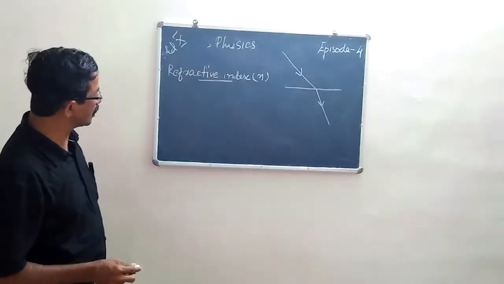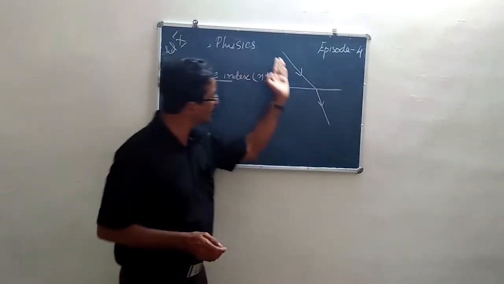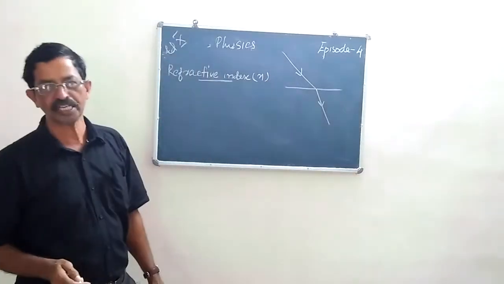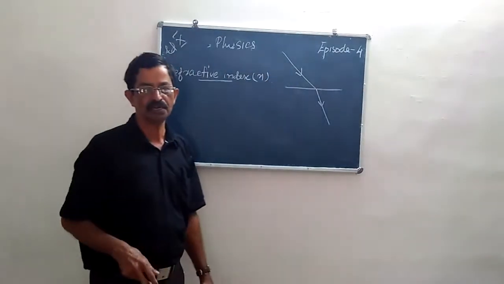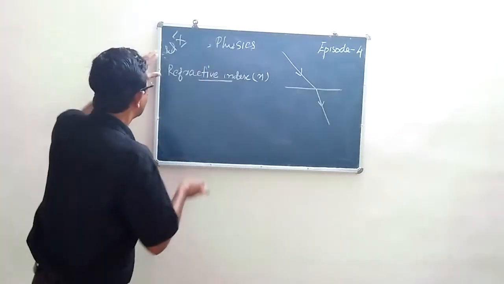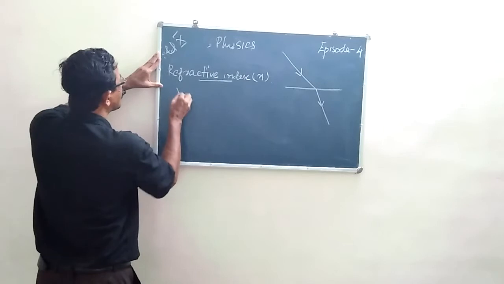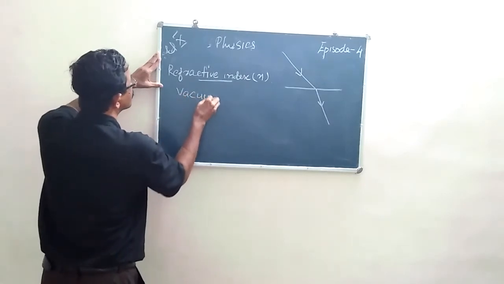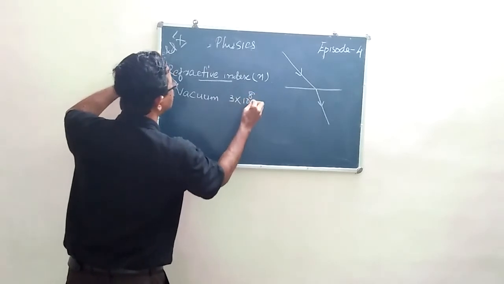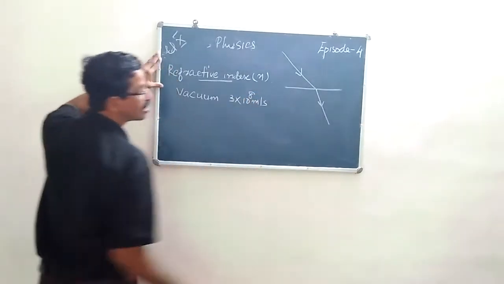Why does this happen? Because light travels in different media with different speeds. For example, light travels through vacuum at a speed of 3 into 10 raised to 8 meter per second.